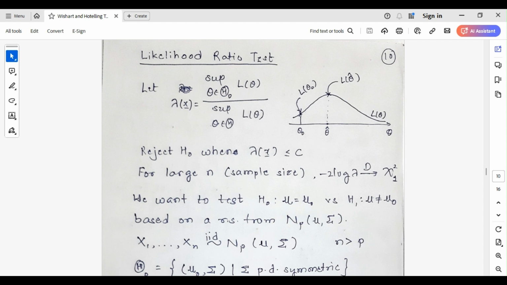So in that case, this lambda x value will be a smaller one, and so one should reject the null hypothesis for smaller values of lambda x.